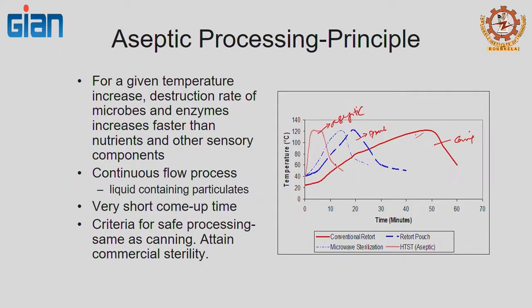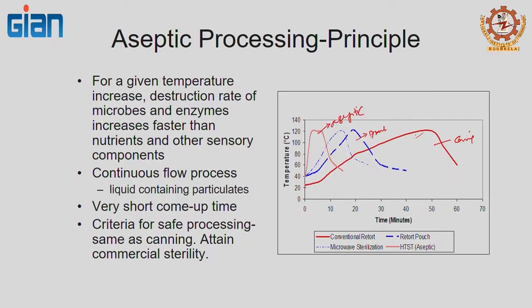If you look here, you may be reaching 120 Celsius, whereas that temperature can be accomplished much more quickly with this, and then you hold it, and then you cool it down. So this has a very short come-up time, so that's why you are able to achieve much better quality of the product.